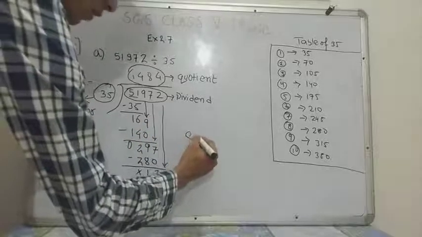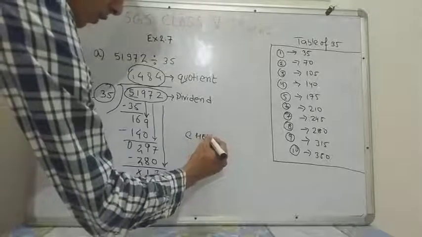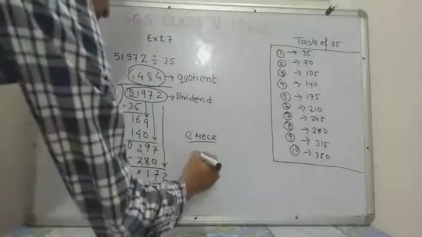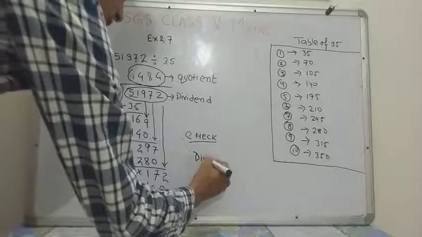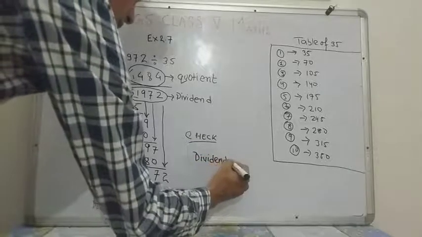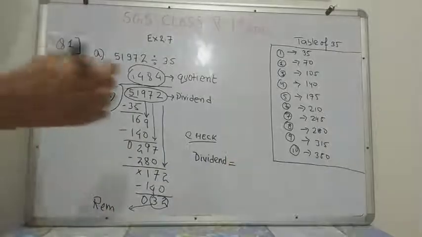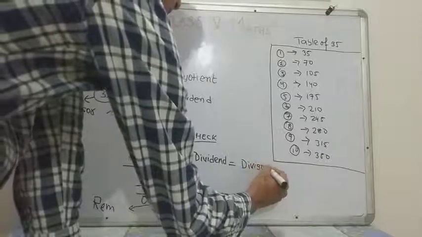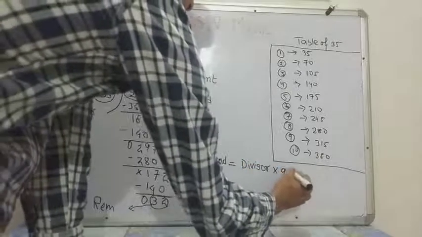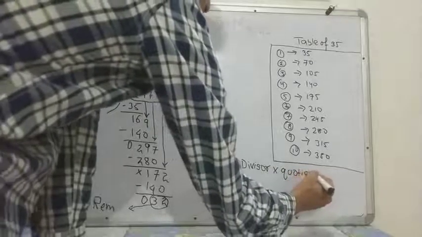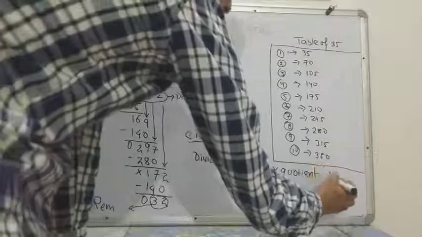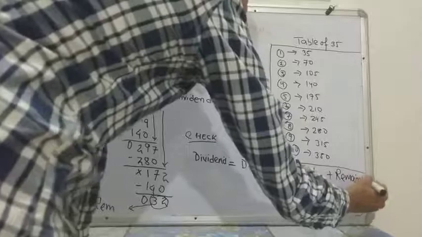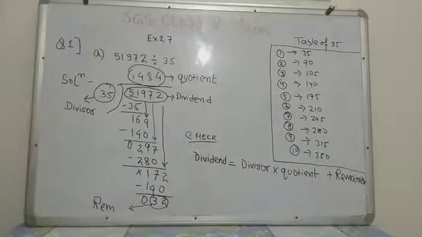To check the given division, we have to apply the following rule: dividend must be equal to divisor multiplied by quotient, plus the remainder.